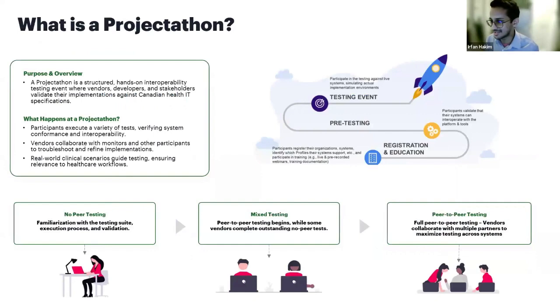Usually we do this at a projectathon, a connectathon, or a plugathon even now, where we take these guides, all the guidance in it, all the resources that we've defined, all of the relevant technical information, and then do hands-on testing with it.